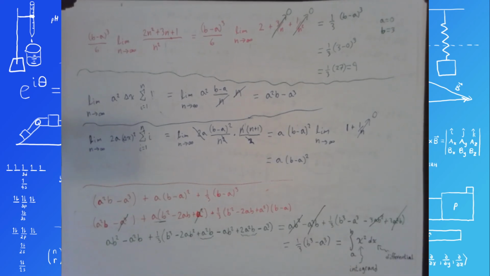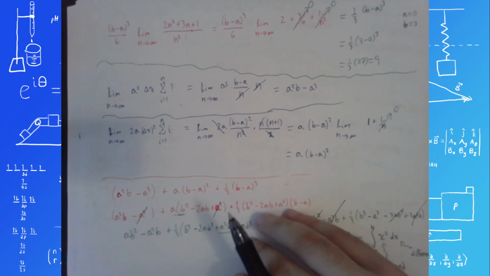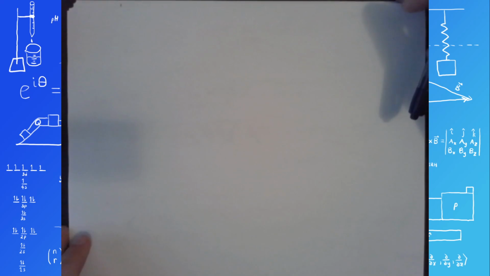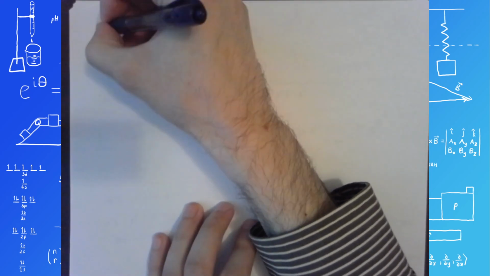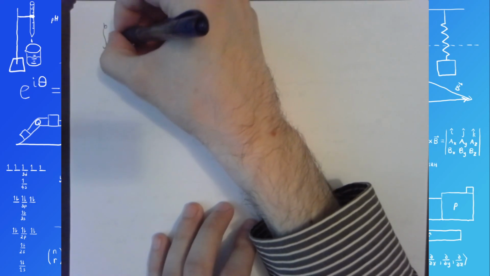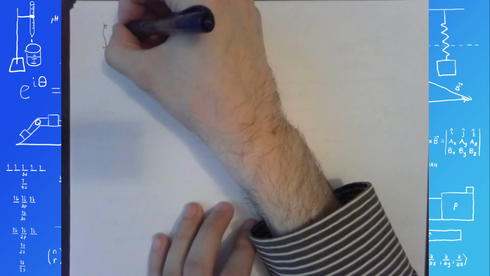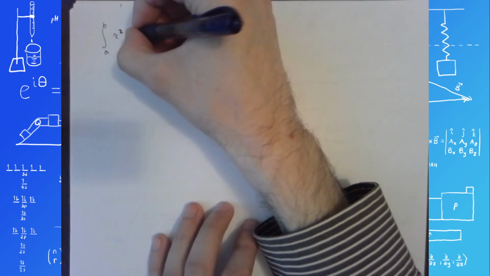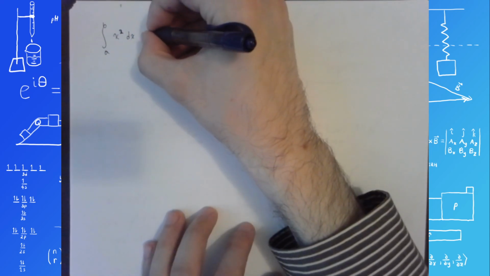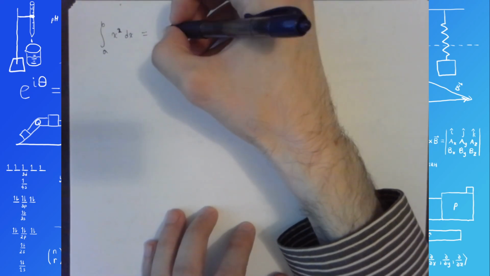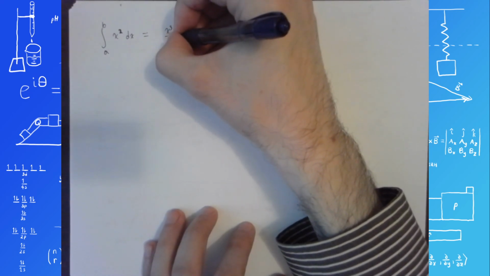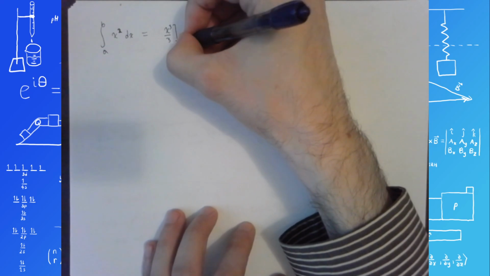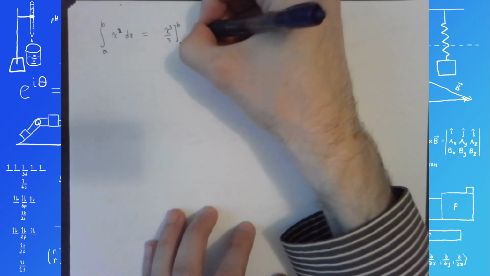So let me actually write that out on a new sheet of paper. Integral from a to b of x squared with respect to x is equal to, we would call this x cubed over 3 from a to b.